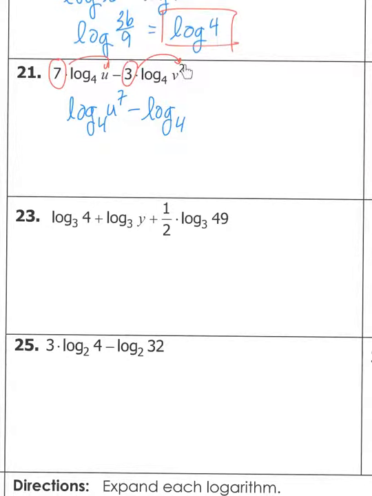So you're going to multiply the 3 to the 2. So you get v to the 6th. Then you're going to compress these two. It's subtraction, so you're going to take this and divide it by this. So log base 4 of u to the 7th over v to the 6th. And I would put that in parentheses.